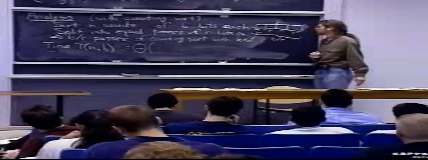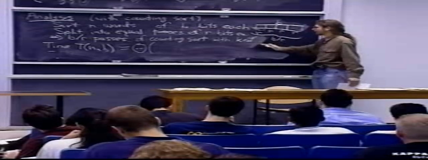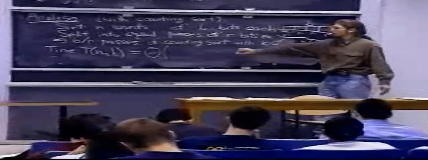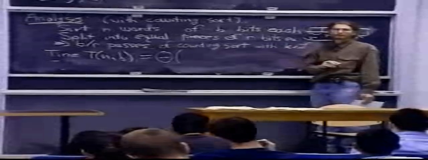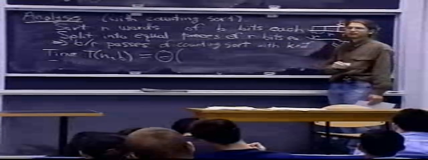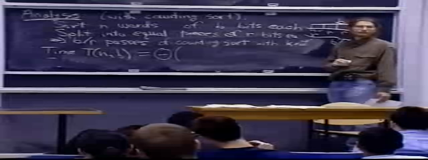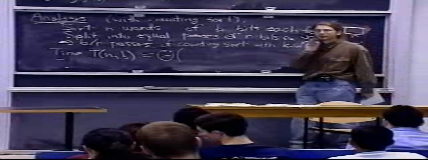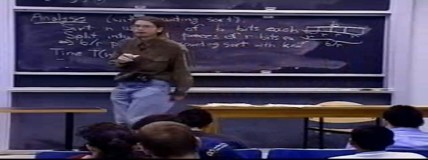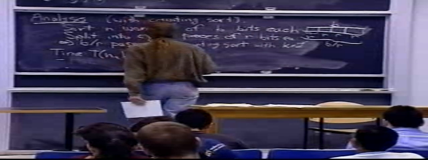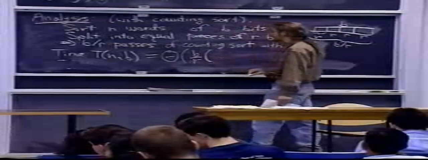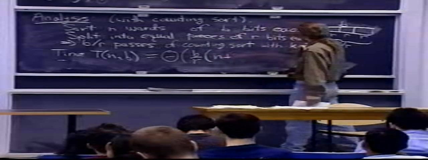Good. Yeah, it's actually exactly 2 to the r. So how long? Now counting sort took order n plus k. So what's the total running time? B over r, that's the number of iterations we have, times the quantity n plus k, and k is this.